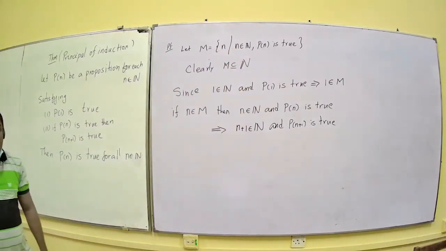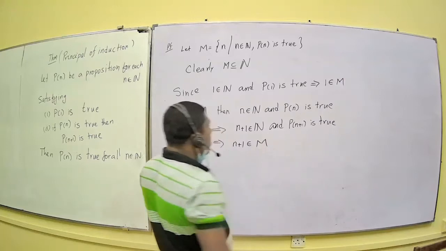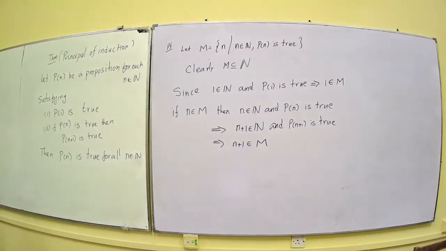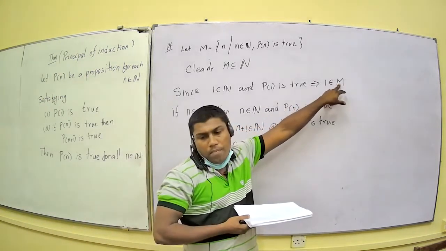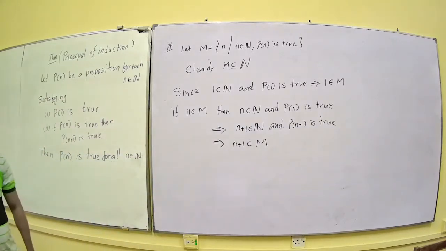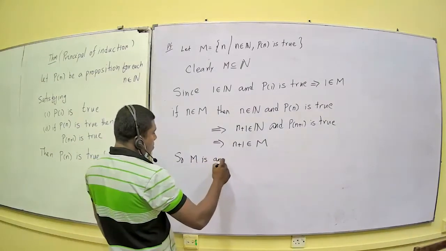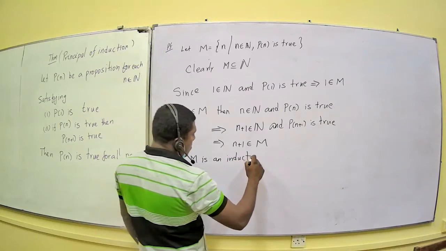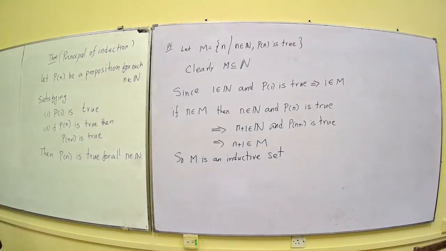So obviously n plus 1 will be a member of M. Once you do that, you now have 1 belongs to M, and if n belongs to M, then n plus 1 belongs to M. So this tells me that M is an inductive set.